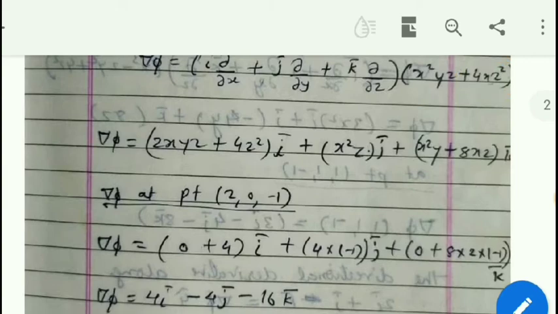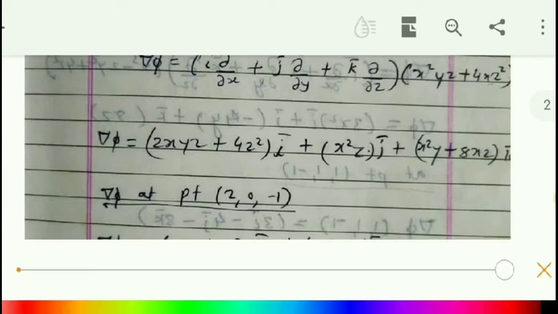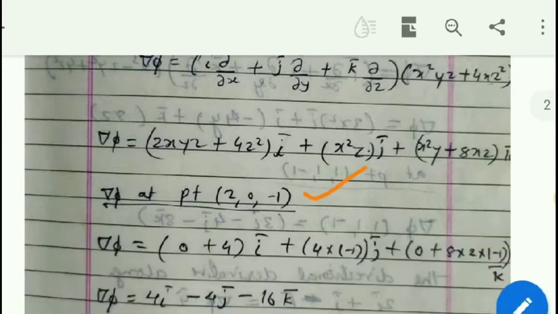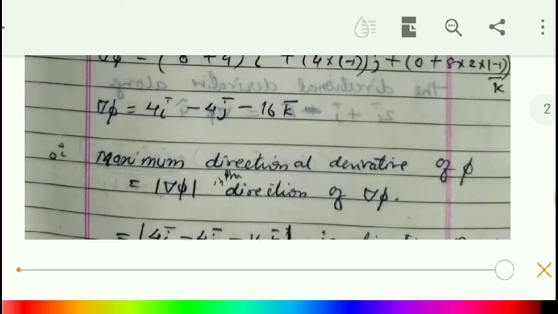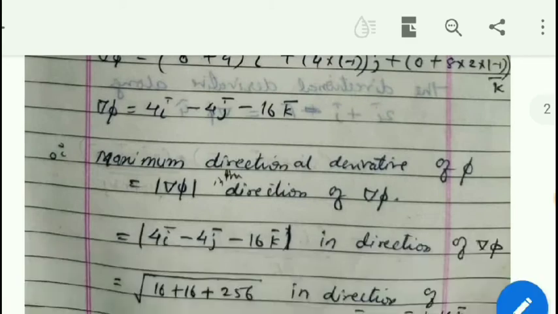Then find del phi at point (2, 0, -1). So put the value of x as 2, y as 0 and z as -1 in this equation. We will get the final value of del phi as 4i minus 4j minus 16k bar. Now the maximum directional derivative of phi is mod del phi in the direction of del phi.